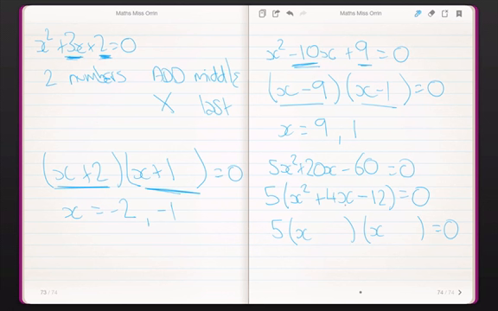So think about factors. 12 and 1 is not really going to work. 3 and 4, we can't really make that work either. But 6 and 2 we could definitely make work. If we had positive 6 and negative 2, they would multiply to negative 12 and add to positive 4. So what do we say x is? It has to be negative 6 in the first bracket and positive 2 in the second bracket. That is how we work it out.